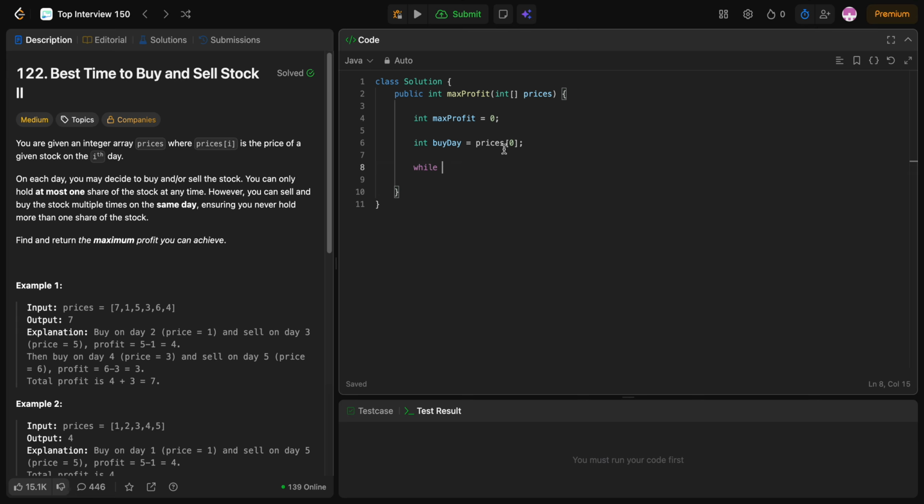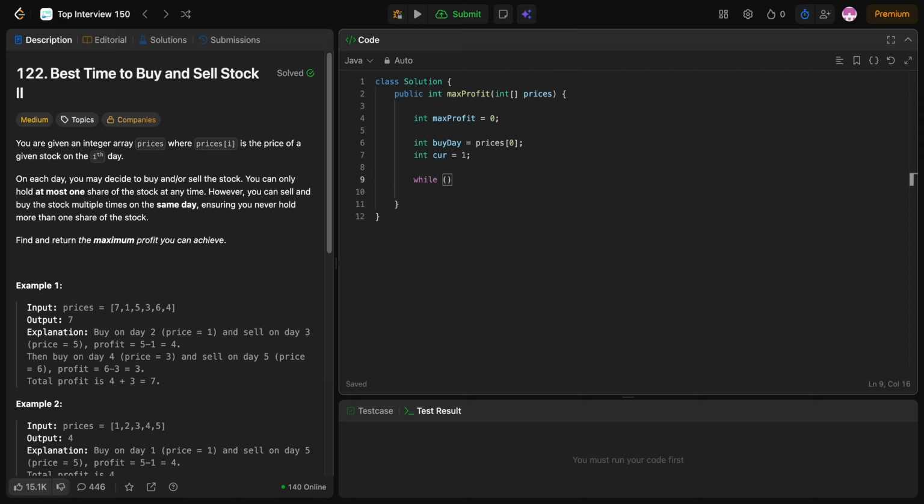And then let's do int cur equals 1, so the current day.